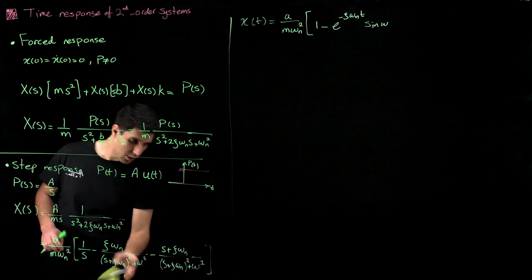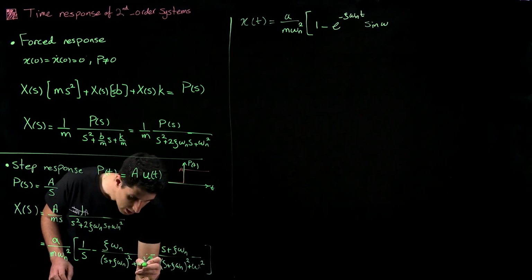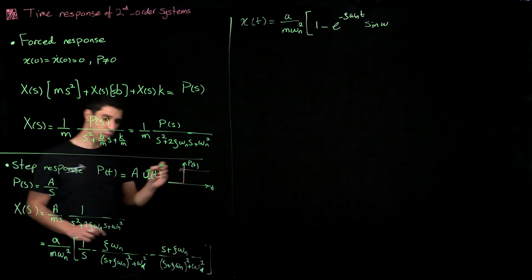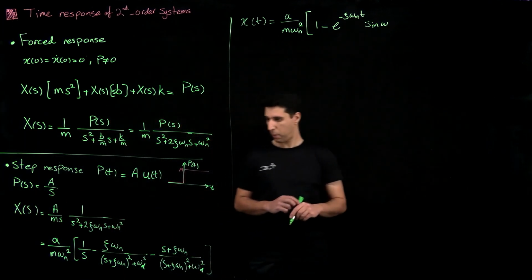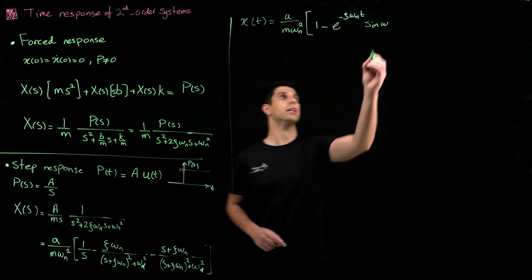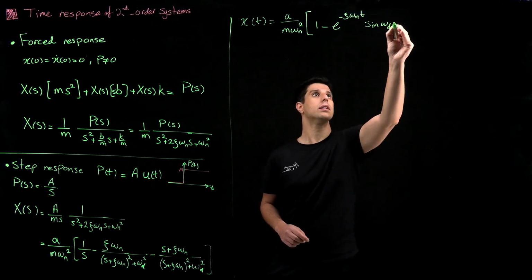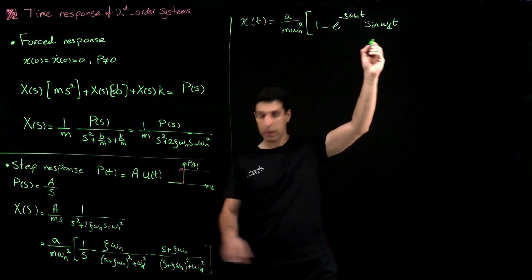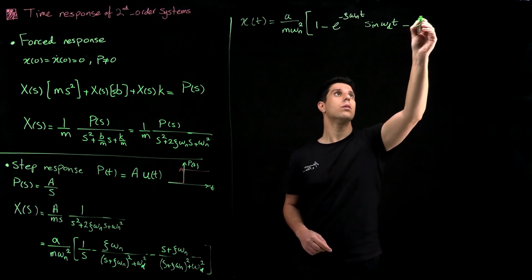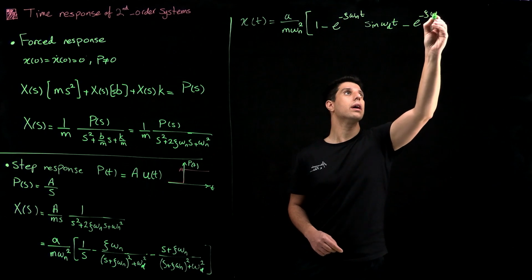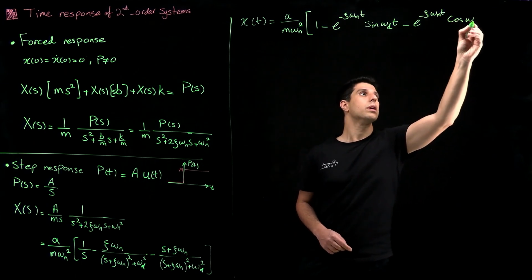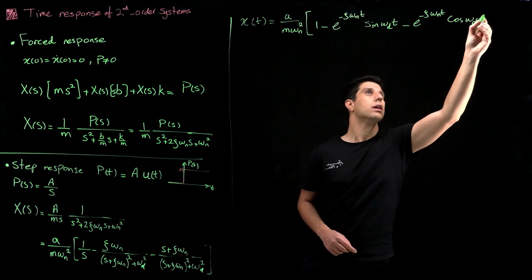Remember, omega d was omega n times the square root of 1 minus z squared. So that's better, omega d t, and minus e to the minus z omega n t cosine of omega d t.